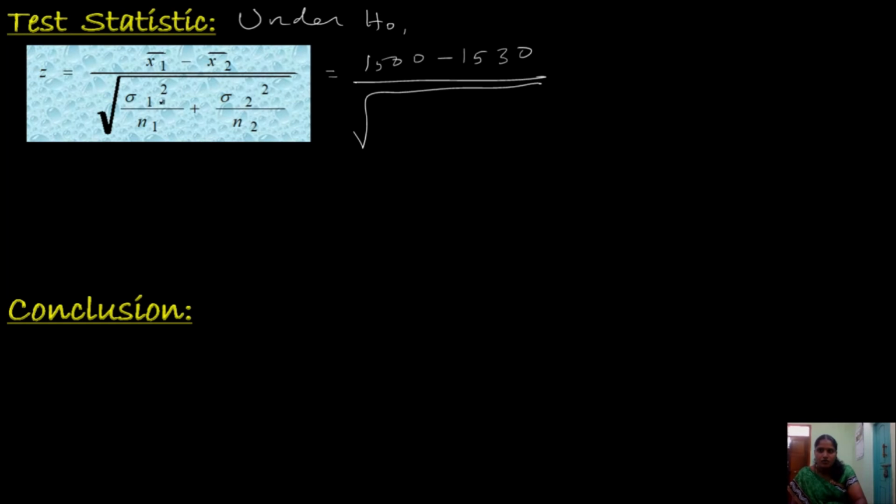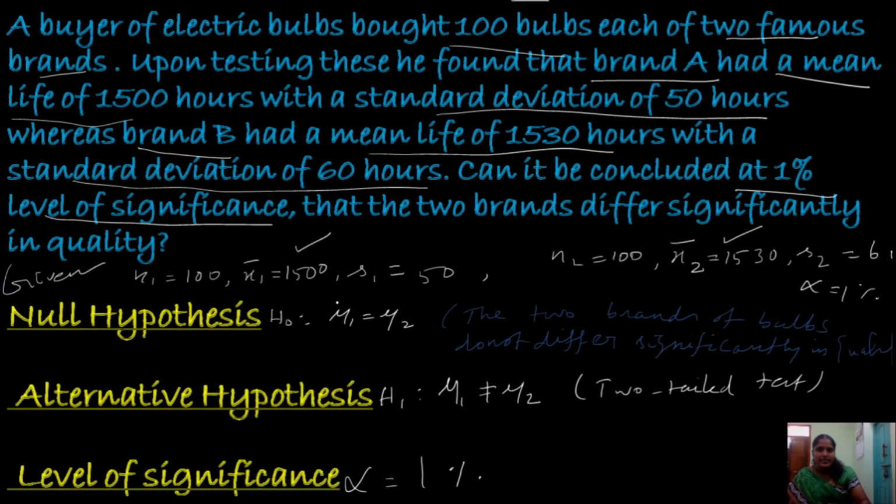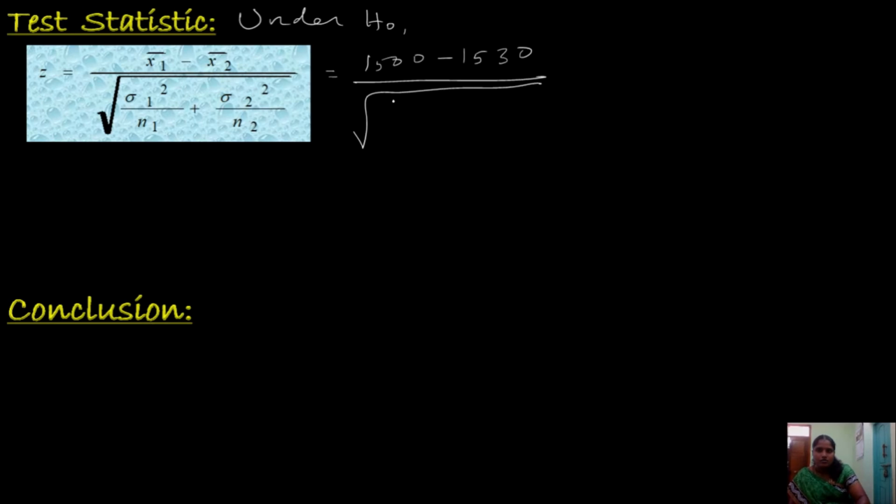Now let's substitute the values of sigma 1 square and sigma 2 square. Here the population standard deviation is not given. Instead of population standard deviation, we make use of the sample standard deviation. So S1 is 50 and S2 is 60, squared, over n1 and n2, which is 100 in each case.